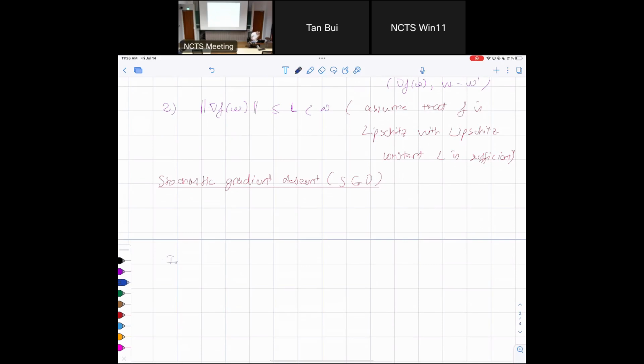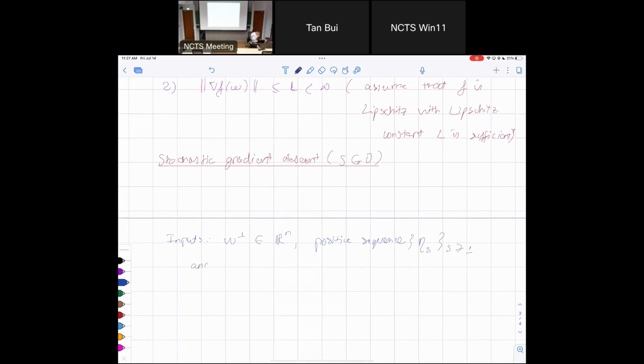The input of stochastic gradient descent is: we start with W1 in Rn, some initial guess, and a positive sequence eta. I'm going to change notation a little bit. This is actually the delta that we learned before. In gradient descent we had delta, but now I'm going to use eta, and S is greater than 1.